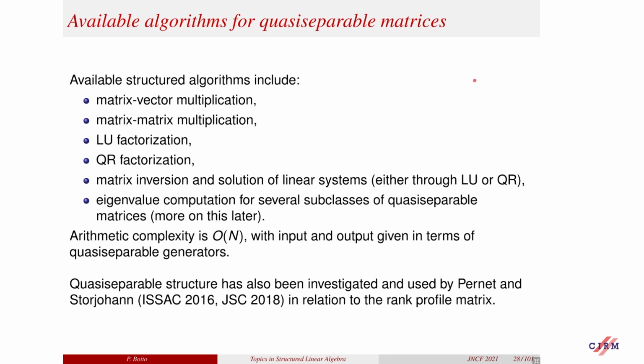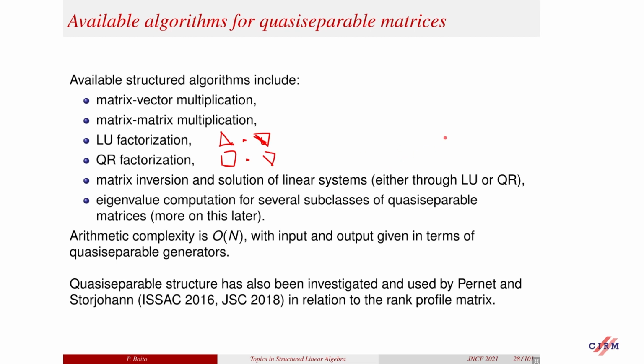Okay, so as we were saying, the kind of operations we want to perform and the kind of algorithms we have available concern matrix vector multiplication with structured quasi-separable matrices, matrix multiplication, LU and QR factorization, so lower triangular times upper triangular, or unitary times upper triangular, right?